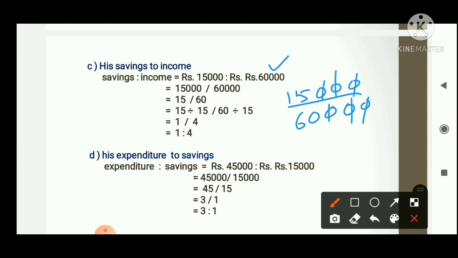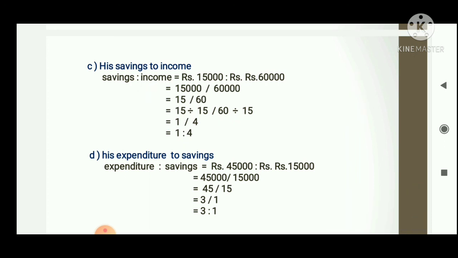So remain 15 upon 60. Now to reduce it into lowest term we have to find its HCF. So we get here HCF 15. So we divide both the terms by their HCF. So we divide 15 by 15 and 60 by 15. By dividing 15 by 15 we get quotient 1, and by dividing 60 by 15 we get quotient 4. So its ratio is 1:4. So saving to income, its ratio is 1:4.